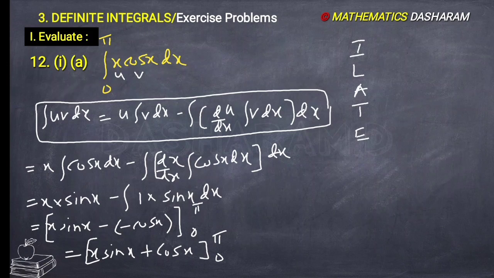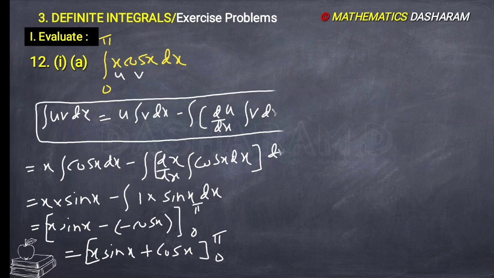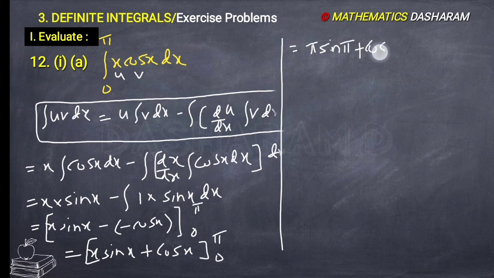Now substitute the limits. It is equal to pi into sin pi plus cos pi, minus 0 into sin 0 plus cos 0.